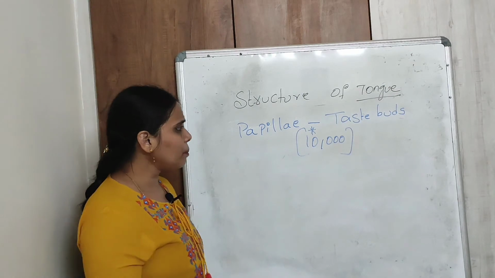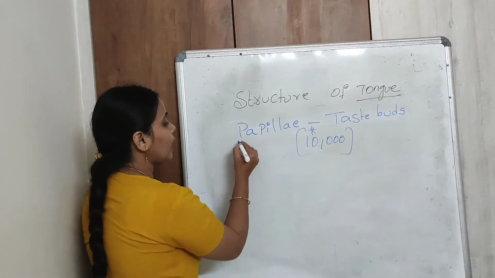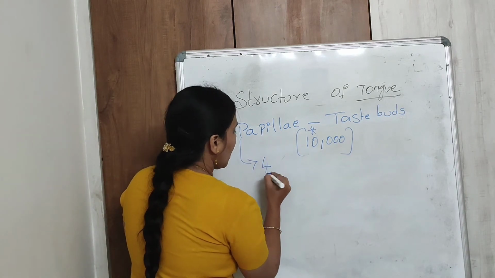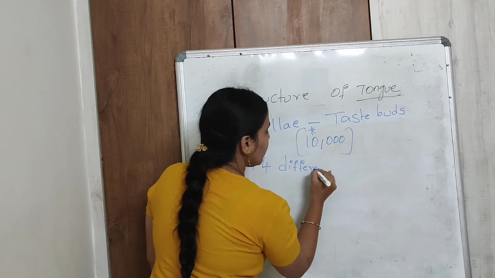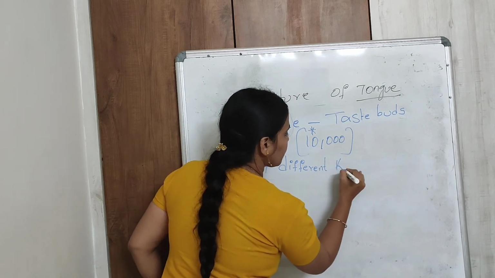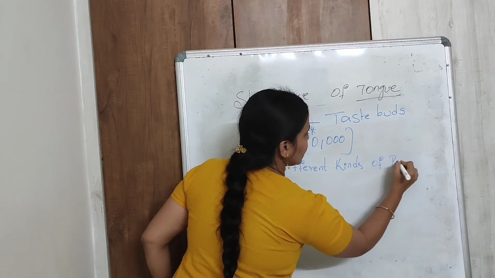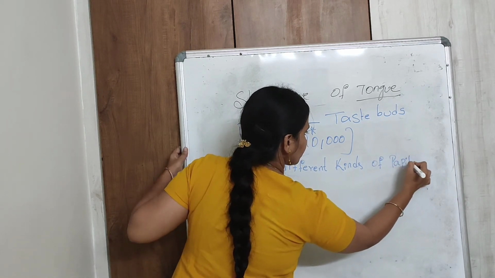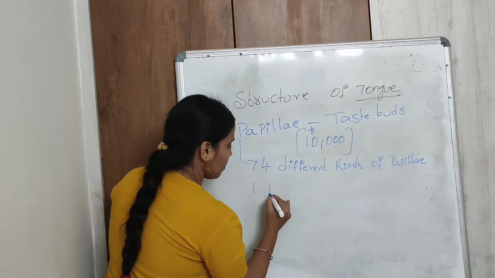Right. Is only one papilla present? No. We have 4 different kinds of papillae. How many papillae are present, children? There are 4 different kinds of papillae. So what are the 4 different kinds of papillae?